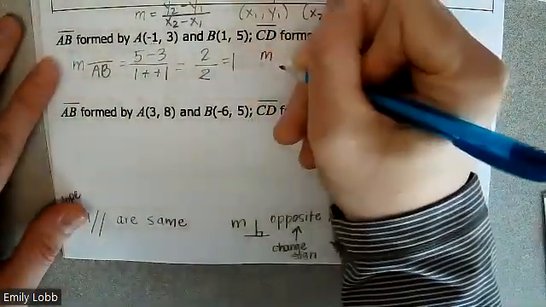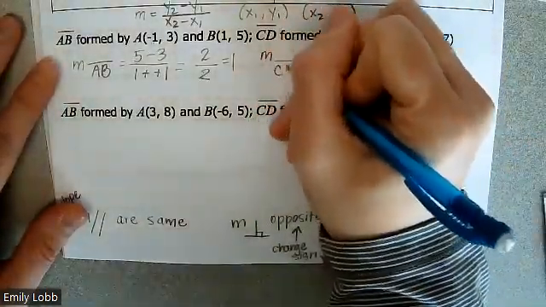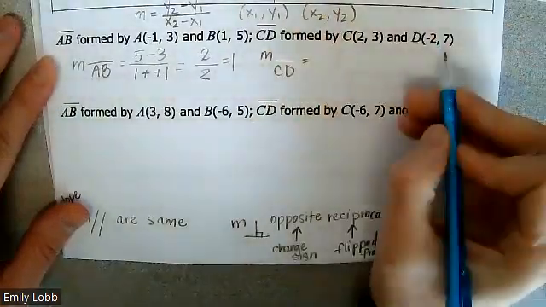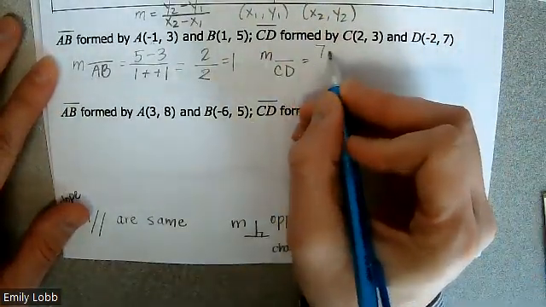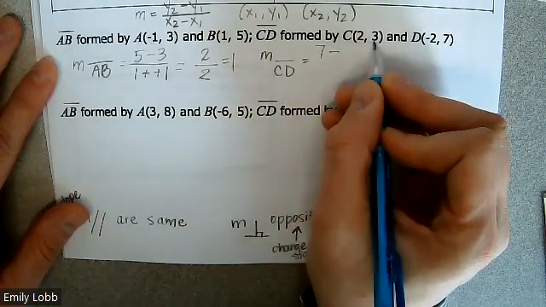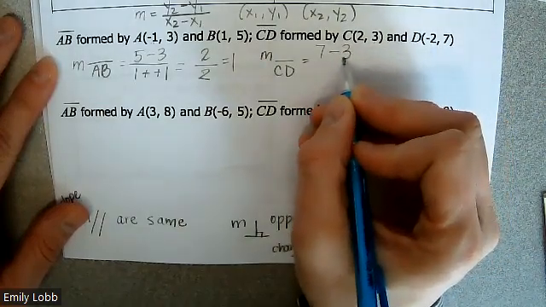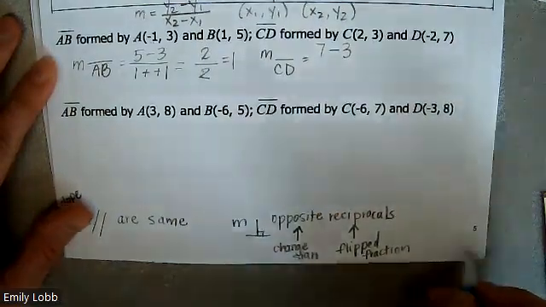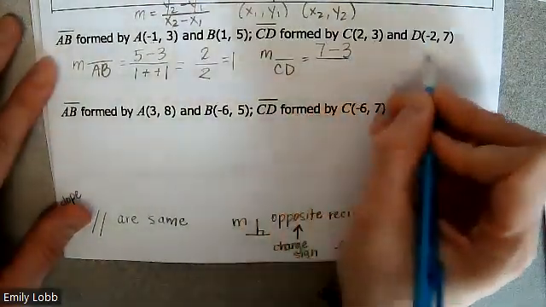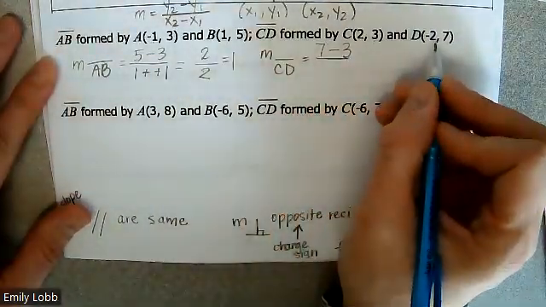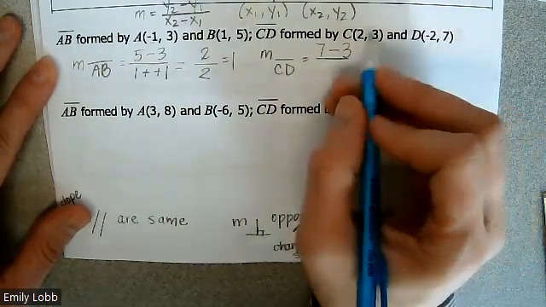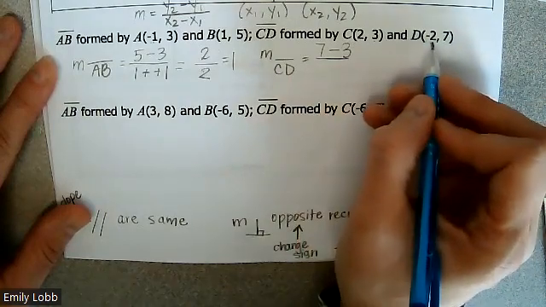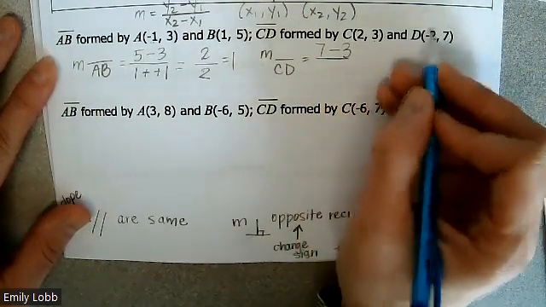So our slope of segment CD, we still have y2, which is 7, minus y1, which is 3, and that's all over x2. This is another thing I saw. I saw some of you using this as y2, and then for x2 you were jumping over here. So be sure you're using x2, y2 from the same point.